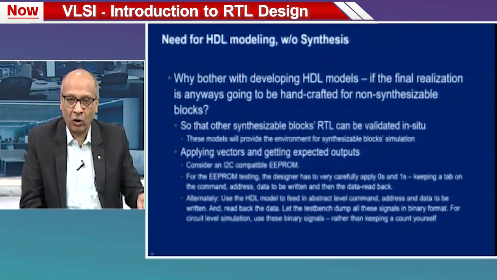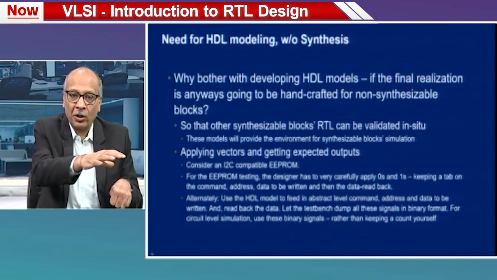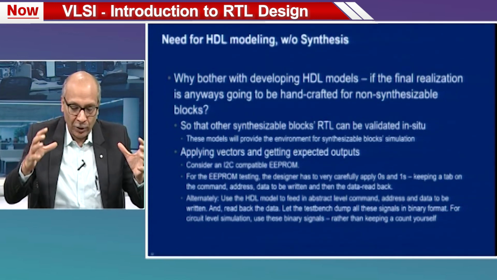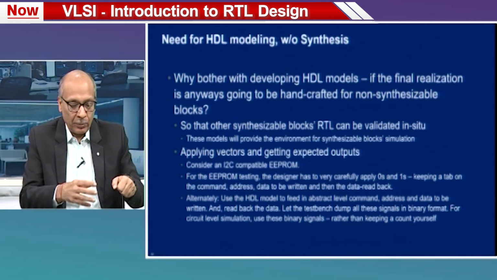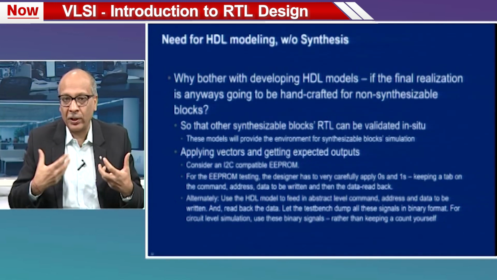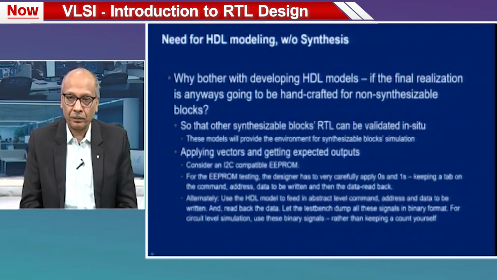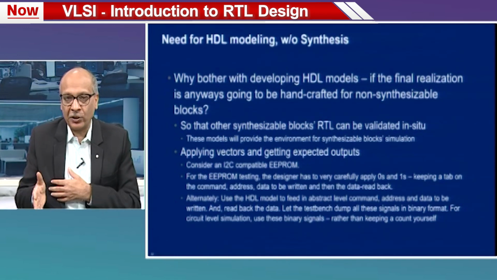I might want to write the Verilog code for this 10th block also, so that the other 9 blocks can be verified, so that my simulator can have a view of the full design, full system. Else the simulator can see the 9 blocks, but the 10th block, what do I do for the 10th block? How do I simulate the whole design? So, that is what I meant by, so that other synthesizable blocks RTL can be validated in situ.